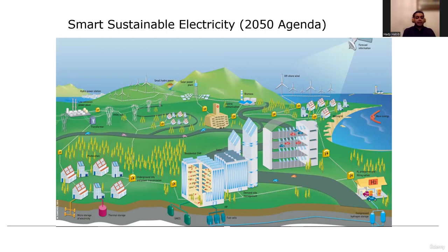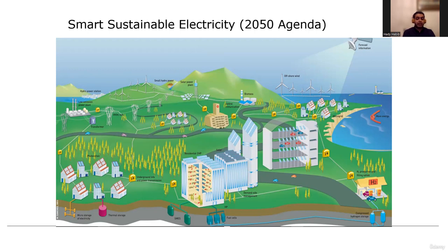Let me say, this is an image for a smart, sustainable electricity, where all the people working in the power and the energy field are moving forward to achieve that, to transmit energy from clean resources, and also to transmit it in a reliable, smart way through using the technology of the era of the communication, of the control, and of the monitoring systems that are present now.